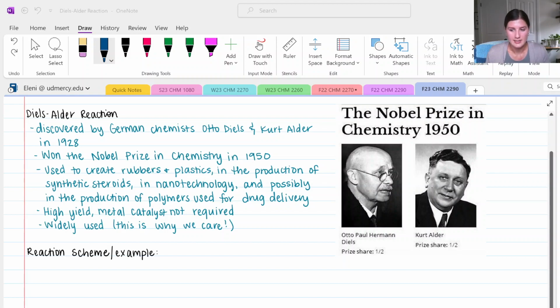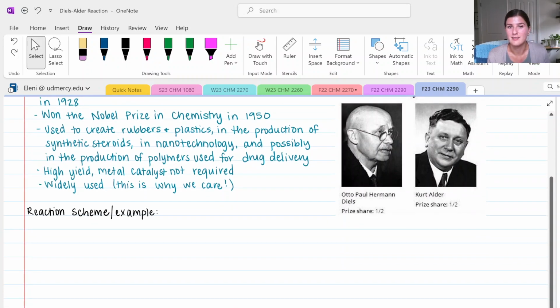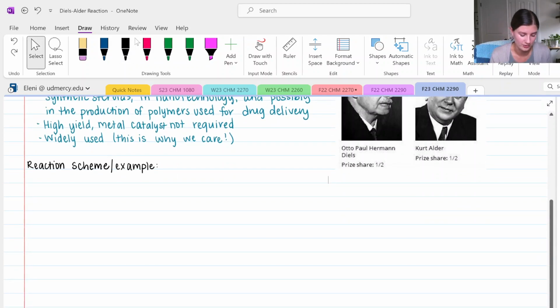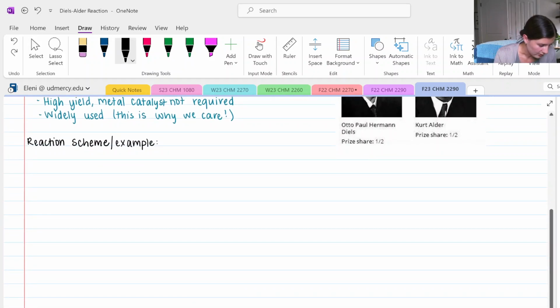So let's look at the reaction scheme and an example of a Diels-Alder reaction between two molecules. We've learned about dienes so far, and you probably are not surprised to hear that dienes are used in Diels-Alder reactions. So let's draw just a simple diene.